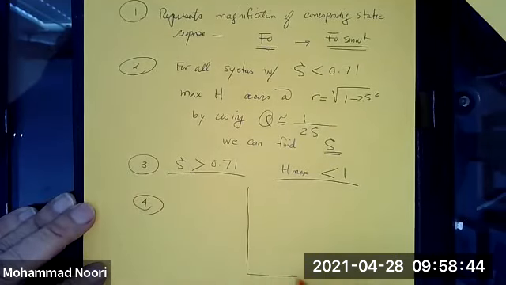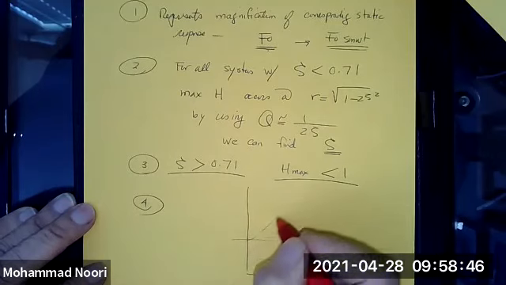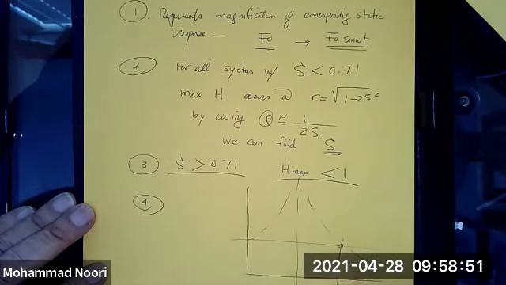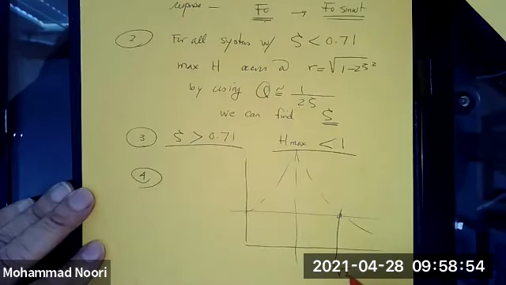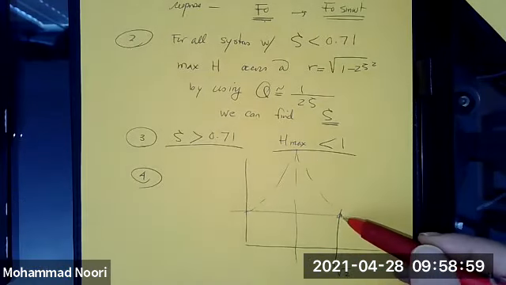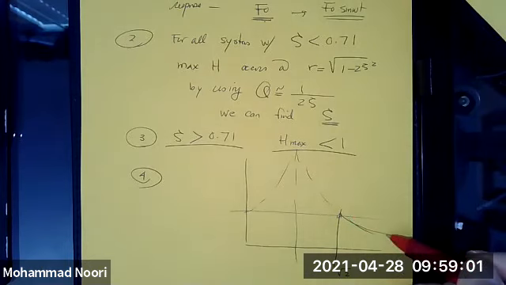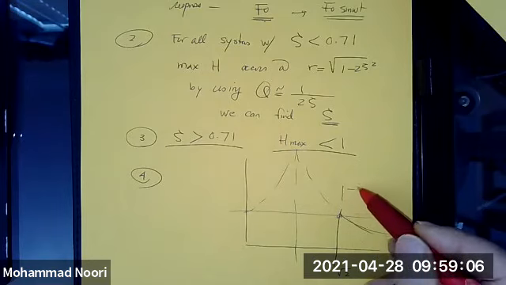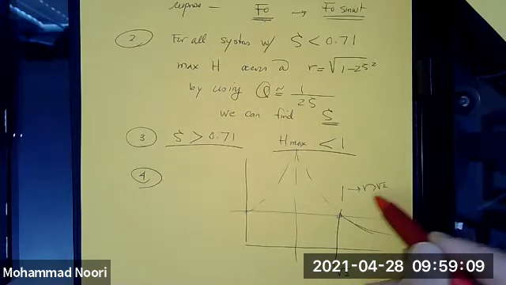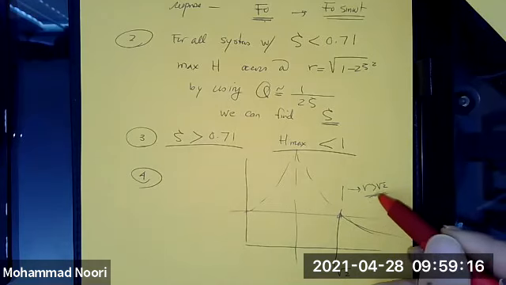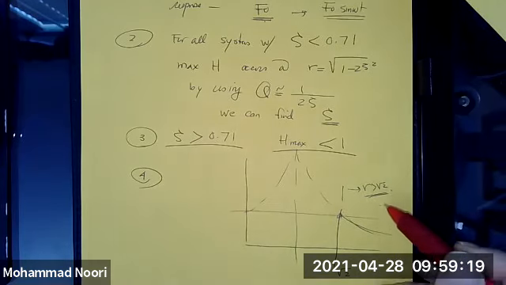In the case of undamped system, we saw that the dynamic displacement is always less than the static displacement when the R value is greater than the square root of 2.